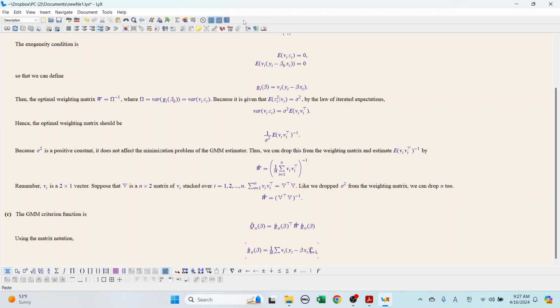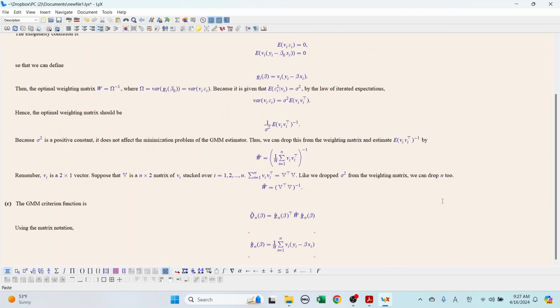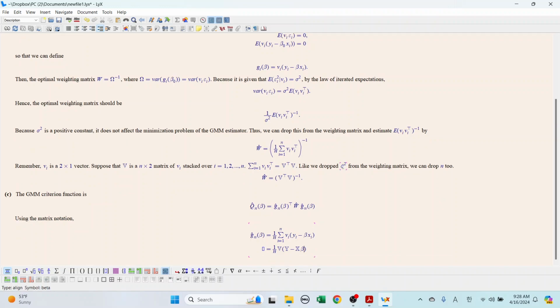This is the definition of the sample moment, and then using the matrix notation, we can rewrite this like this, right? The order of beta and x does not matter because beta is a scalar, so you may put it in front or in the back, not a big problem.